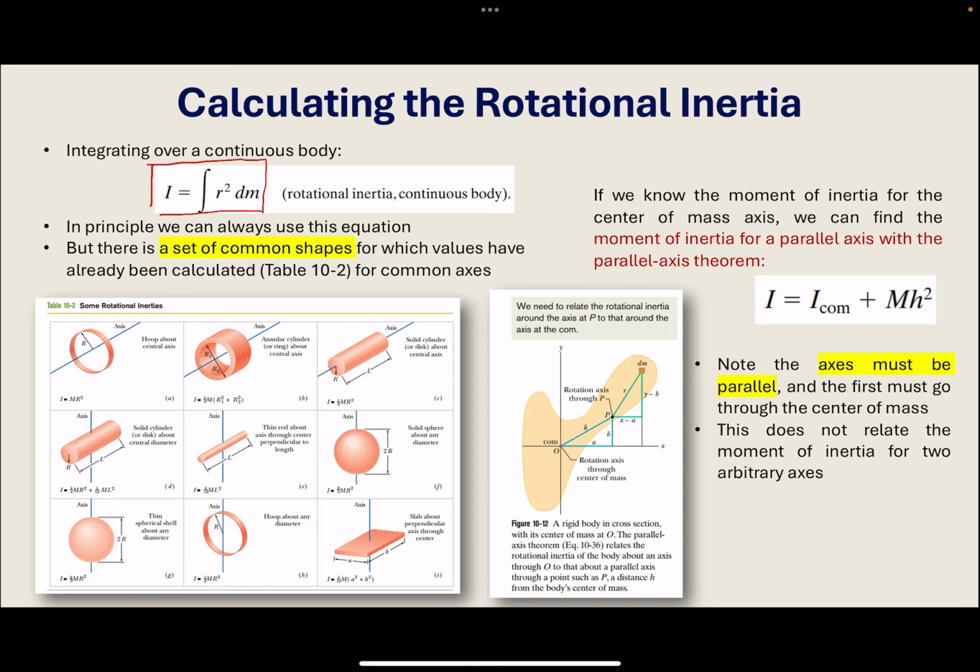So, the farther the mass is from the axis, the greater its contribution to the total moment of inertia. In principle, we can always use this formula, but for most engineering cases, the moment of inertia for common shapes have already been calculated, as shown in the table.